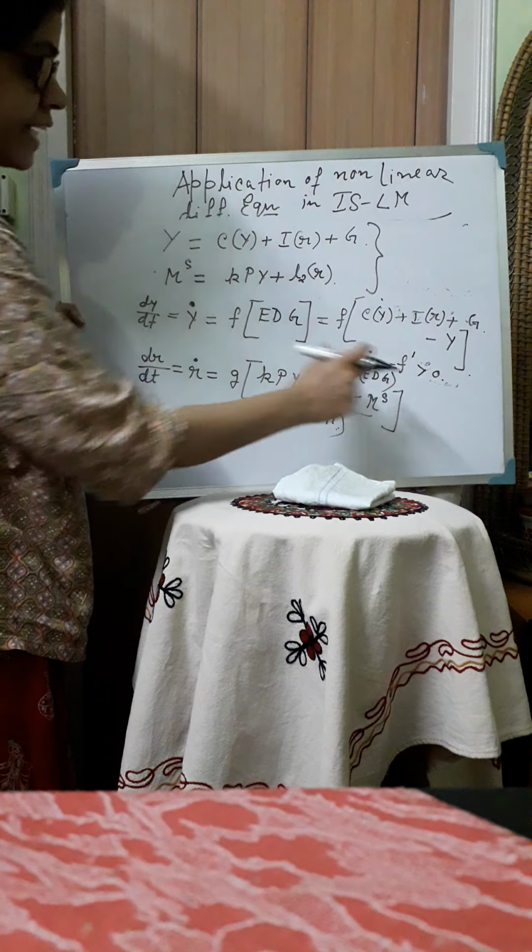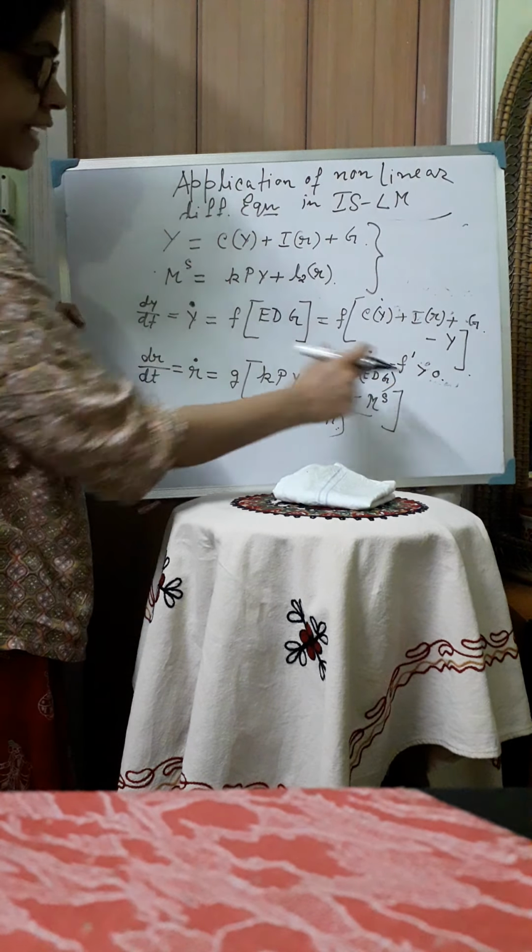So from here, if there is stability in the goods market, that is Y dot is equal to 0, there is no change in Y with time, then we can say that dY dot is equal to 0, which is equal to F dash, then within bracket C dash dY plus I dash dR, then dG is 0 because G is autonomous, it is given from outside, minus dY.